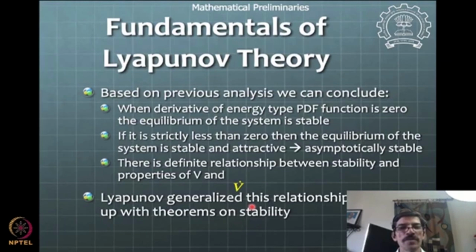If you are able to give me a V or other function, whatever it is, satisfying these conditions, then I can guarantee you that your system will be stable or asymptotically stable or whatever. The stability definitions will come for the system. Okay, so that is the idea that Lyapunov has proposed. So we'll see one or two theorems and then we'll close for now.